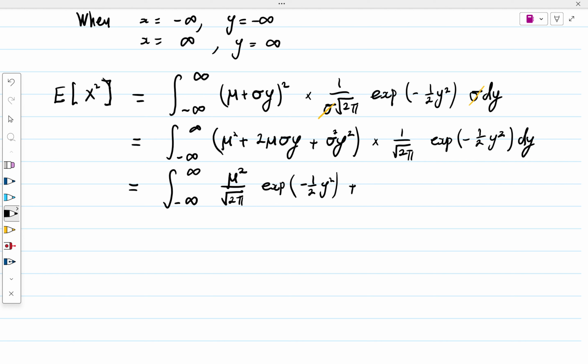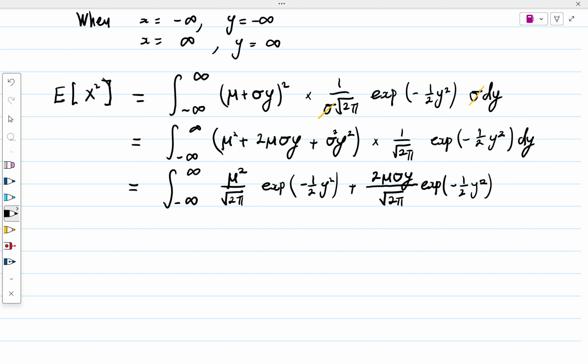Second term here that we've already evaluated needs to be the 2 mu sigma y times the second expression. That becomes 2 mu sigma y on square root 2 pi exp of negative a half y squared.